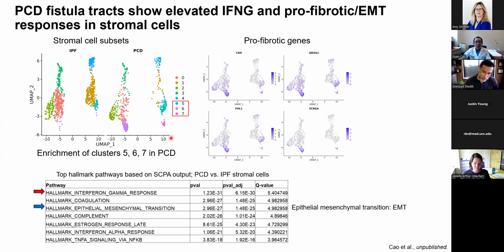And those 3 stromal cell populations overexpress pro-apoptotic genes, including CD9 and ANXA1. And pathway analysis also shows upregulation of interferon gamma responses, as well as the epithelial mesenchymal transition in the PCD fistula samples.